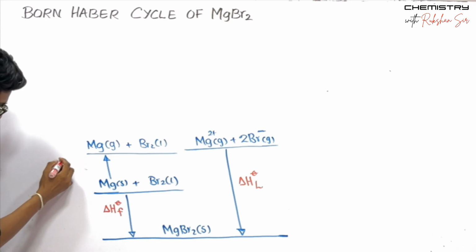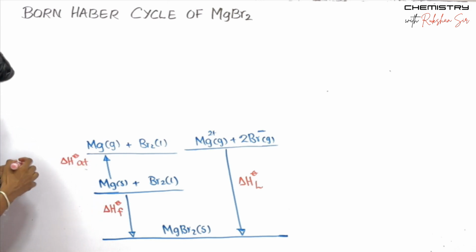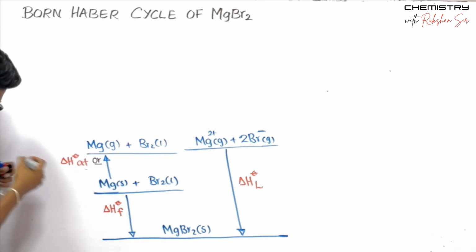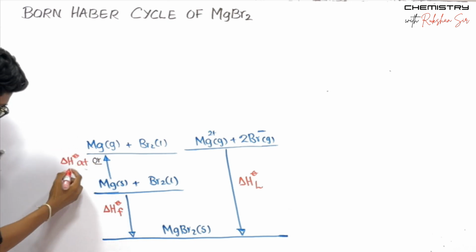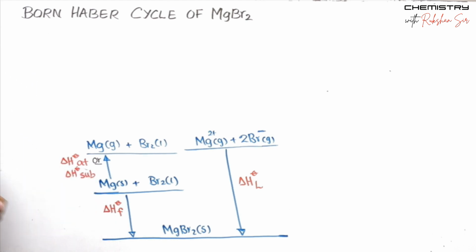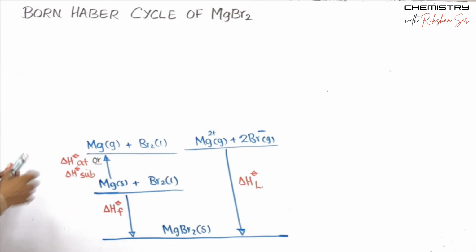So let's come up with delta H naught atomization, or according to the data provided in the question, you can use delta H naught sublimation as well. So we have produced the magnesium gas.